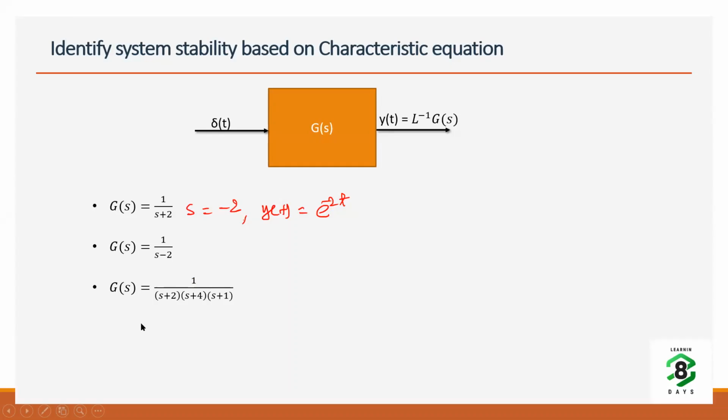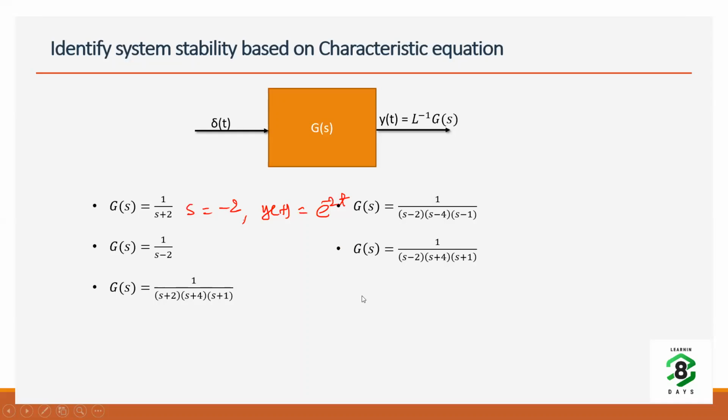What happens if you have multiple roots? Multiple roots like this can again give you a stable system, because all the roots have negative real parts and they will finally die down. The impulse response will die down to 0, so it is again a stable system. But if you have multiple roots that are positive, then again it will be unstable.